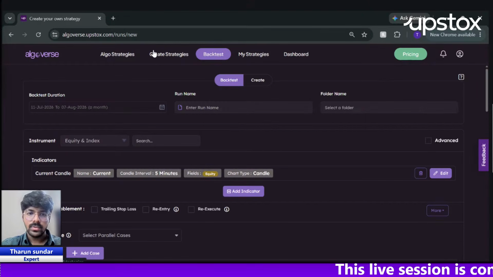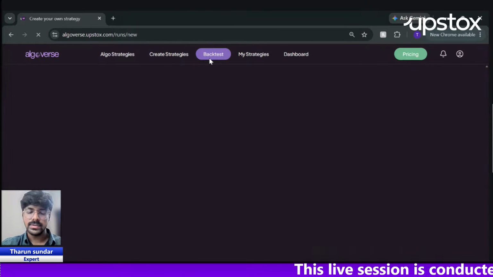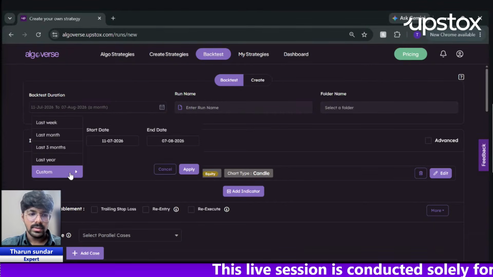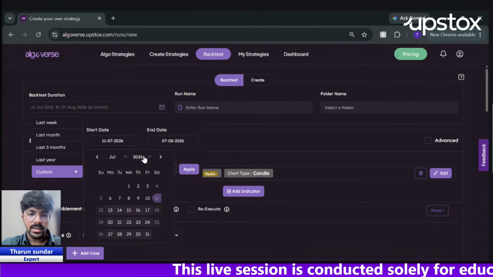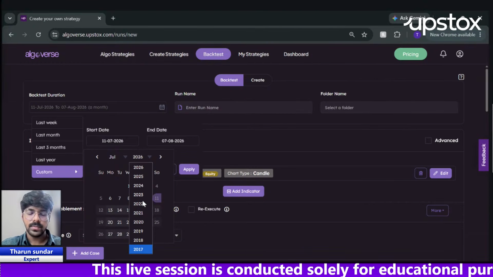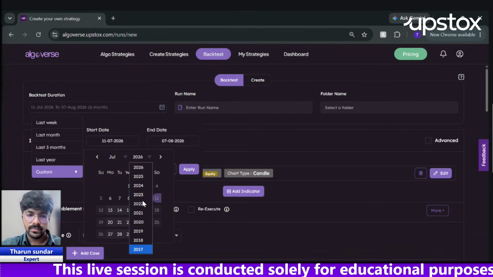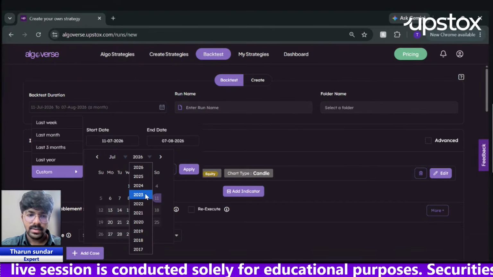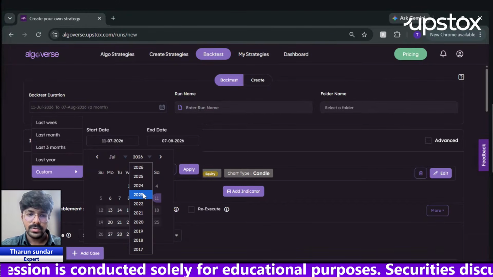So let's come to the backtest section of Algoverse. Right in the first step, we can select our backtest duration. As I told, we have close to 10 years of past market data in Algoverse. So let's backtest something from 2023.